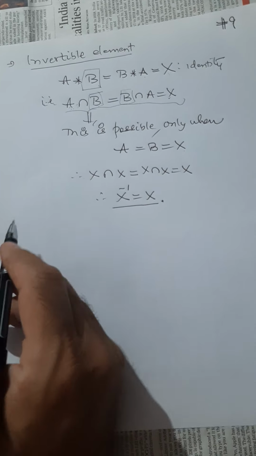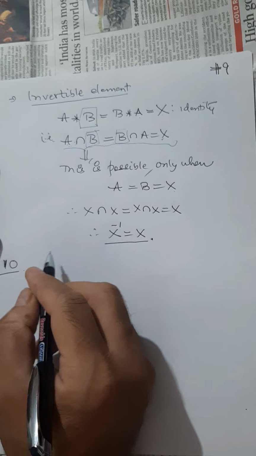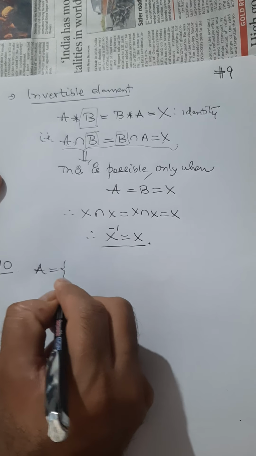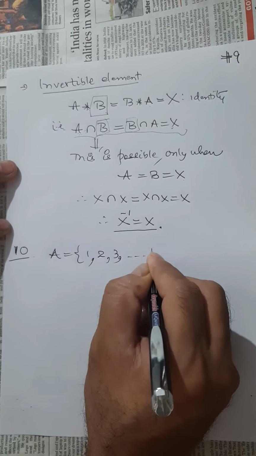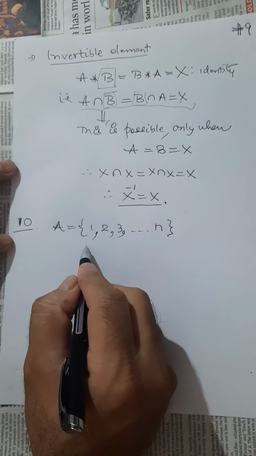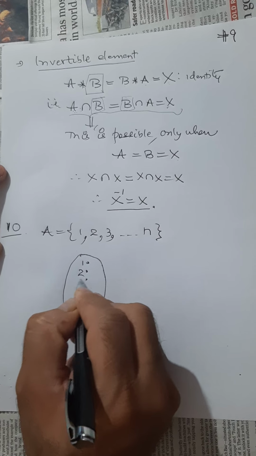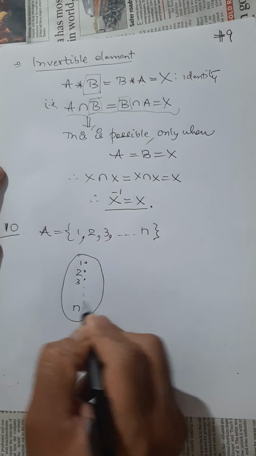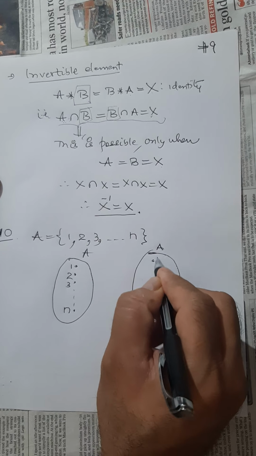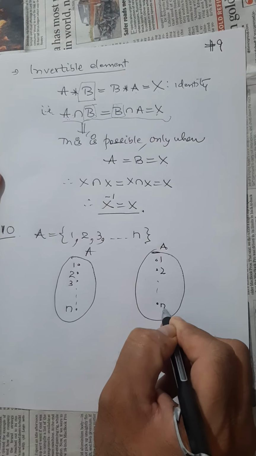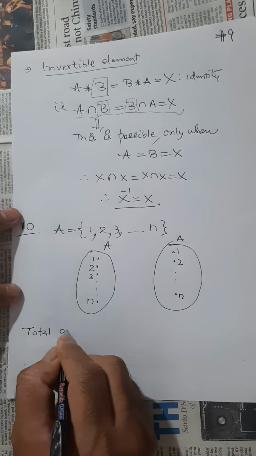Next, question number 10 here. You are given a set A which has these n members, 1, 2, 3 up to n. The same set here, A, 1, 2 up to n. So you want the total onto functions.